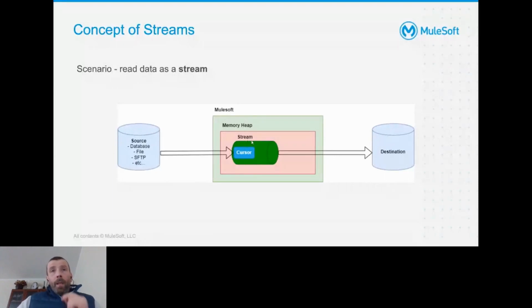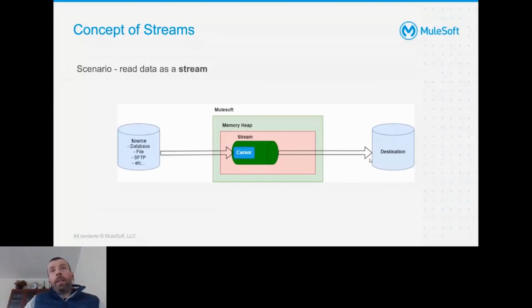With this approach, data is being read constantly from the source, processed on the fly, and then redirected to the destination. But at every single moment of time, the amount of data being processed is low or very low.